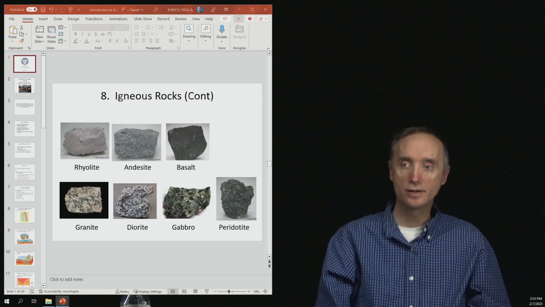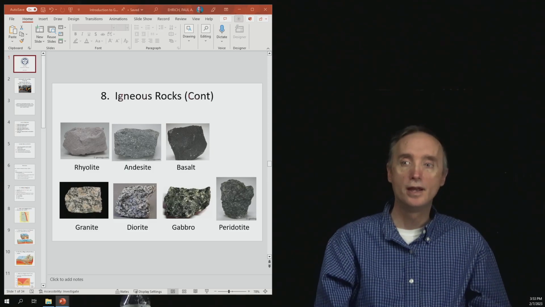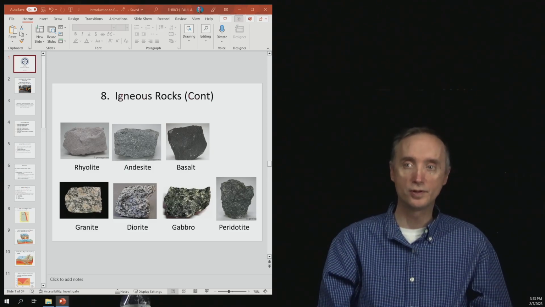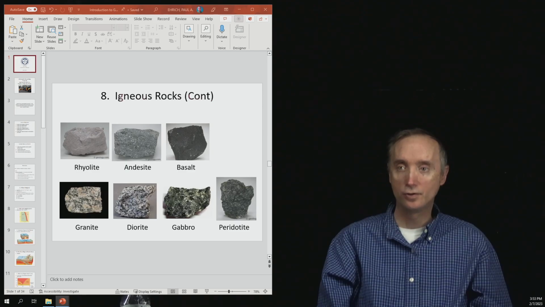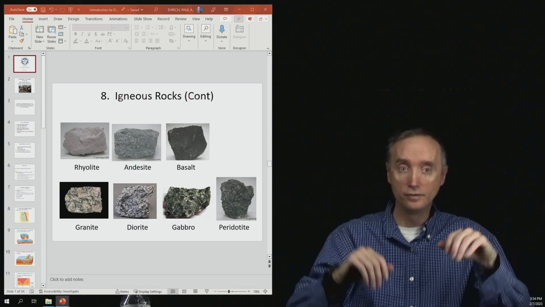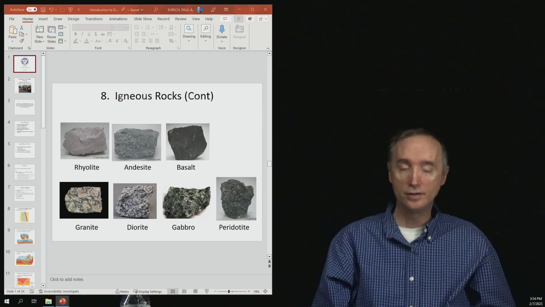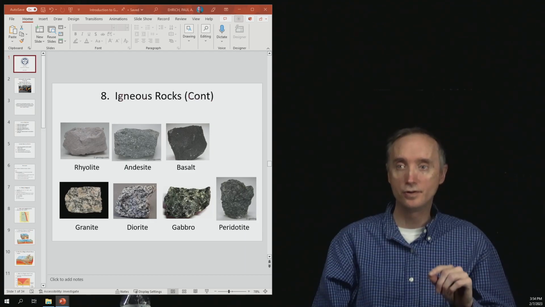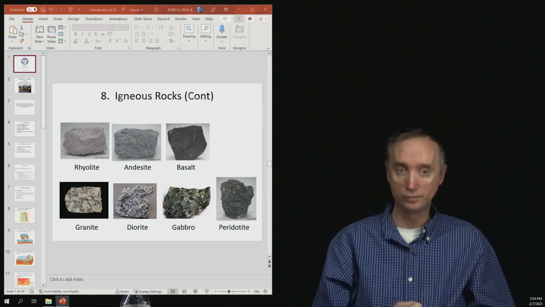Now let's skip andesite and diorite for the moment, and let's go over to basalt. So basalt is the material that comes out of mid-ocean ridges and forms the floor of the ocean. And then if you recall, I said that underneath the basalt was the gabbro.